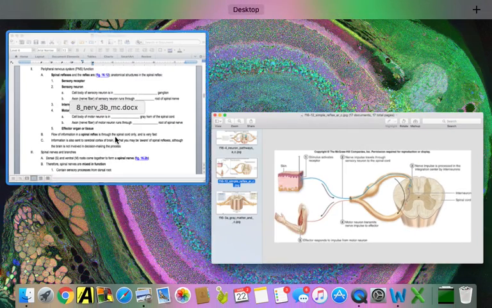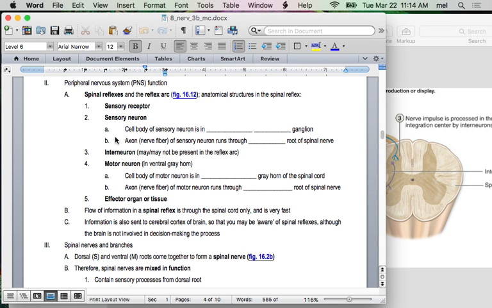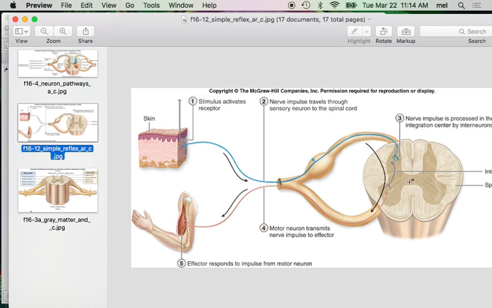And that motor neuron, the motor neuron cell body, is going to be in which gray horn? Usually the anterior gray horn of the spinal cord. So basically this is consistent. Once we're getting to motor activities, we're more likely to be in the anterior part of the spinal cord. And then the axon from that motor neuron is going to run through this ventral root, right?